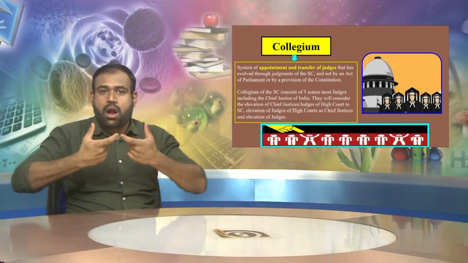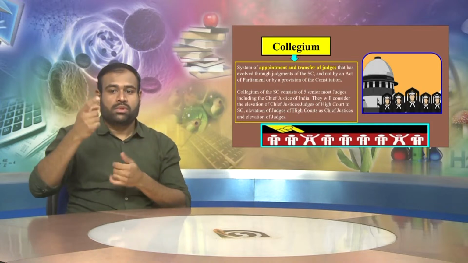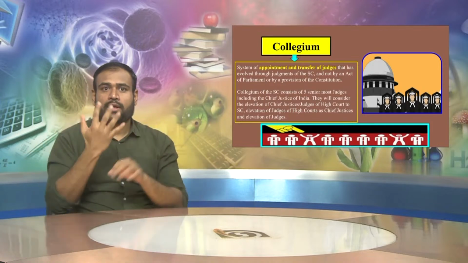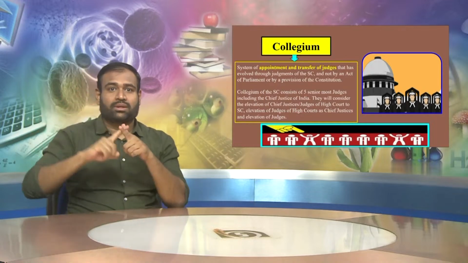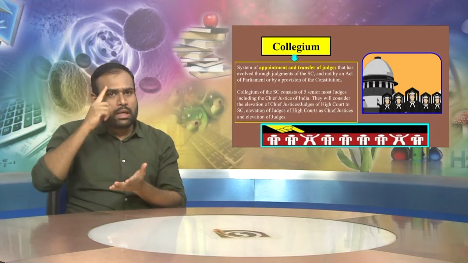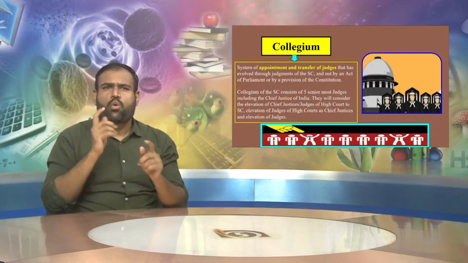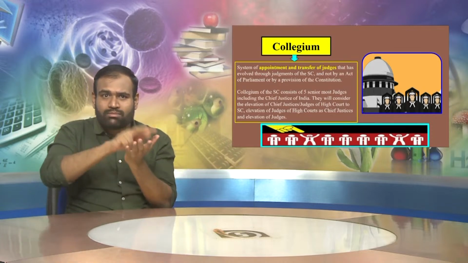Collegium: a system of appointment and transfer of judges that has evolved through judgments of the Supreme Court and not by an act of Parliament or by a provision of the Constitution.